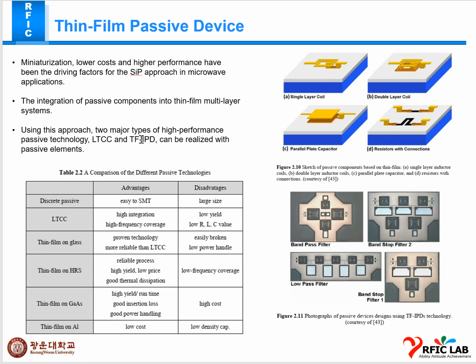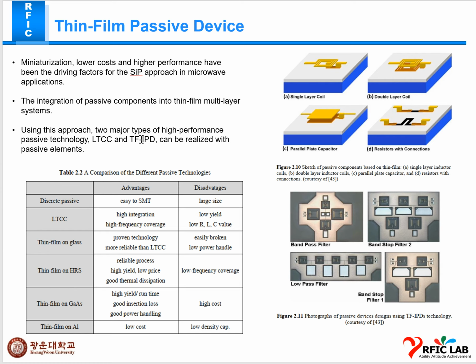For discrete, the advantage is that it is easy to SMT, and the disadvantage is that it is large in size. For LTCC, the advantages are high integration and high frequency coverage, and the disadvantages are low yield and low RLC value.